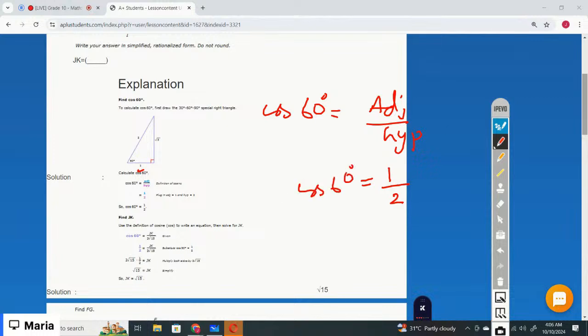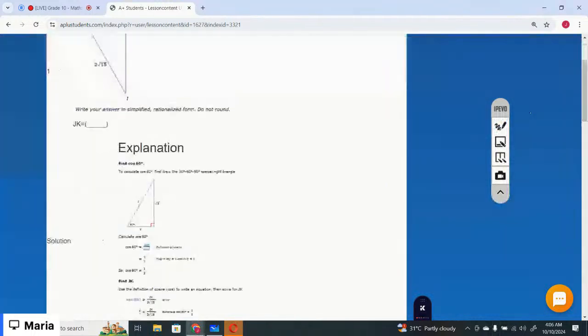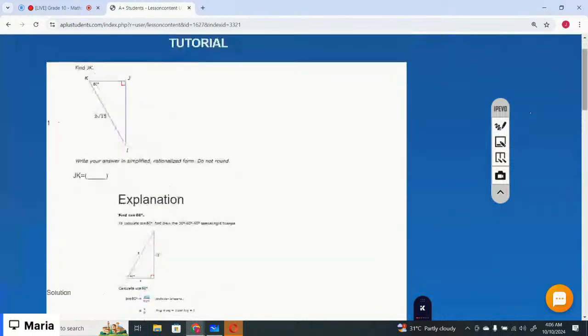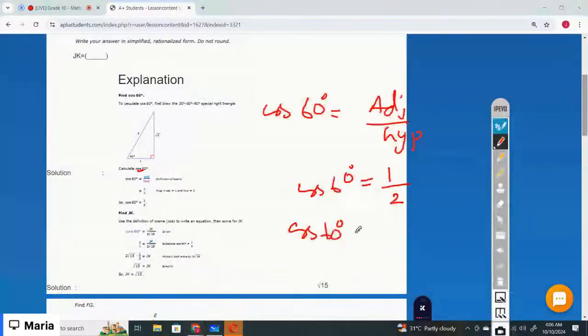Now look at the triangle you have to find JK for. You have to find cos 60 degrees equals adjacent, which is JK divided by 2 square root 15.